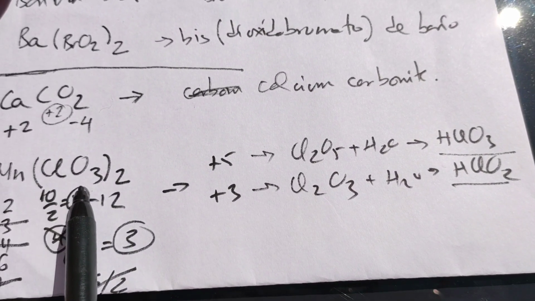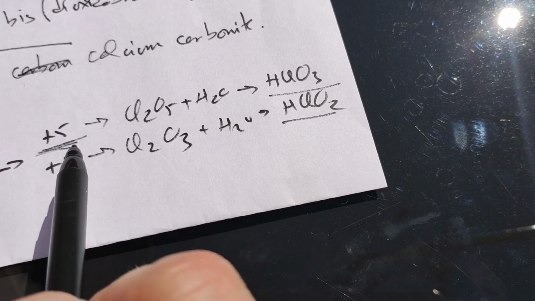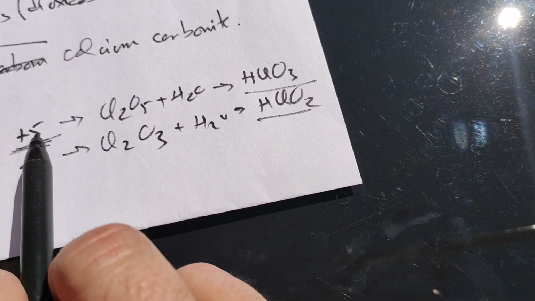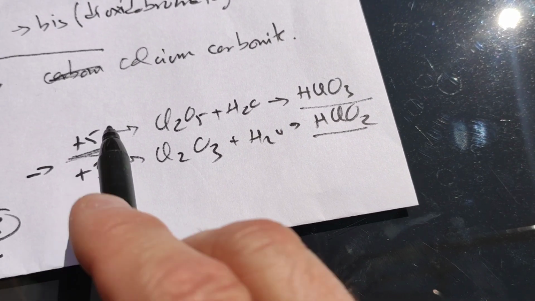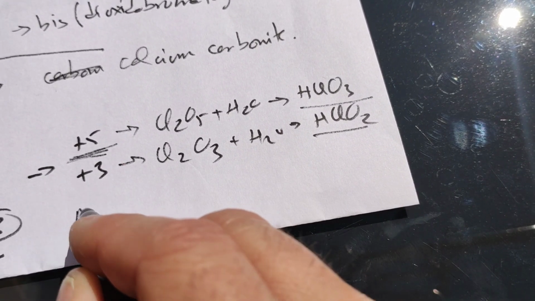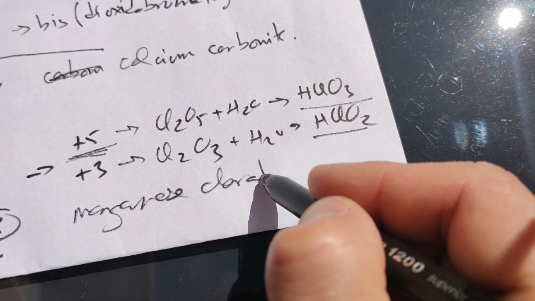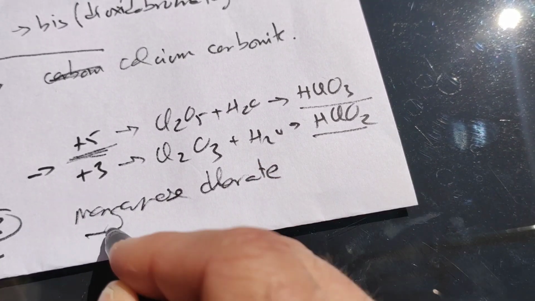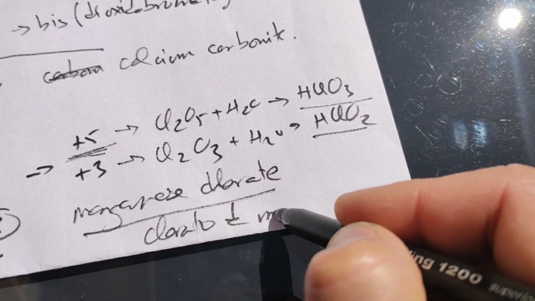Then, as you can see, the first is the one that has the same anion than the salt. The salt is ClO3, the same anion. Then the oxidation state 5 is the right here. Then at this 5, the acid was chloric. Then the salt is chlorate. That's to say, manganese chlorate. Clorato de manganeso in Spanish.